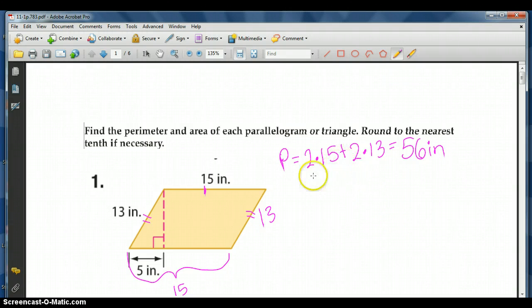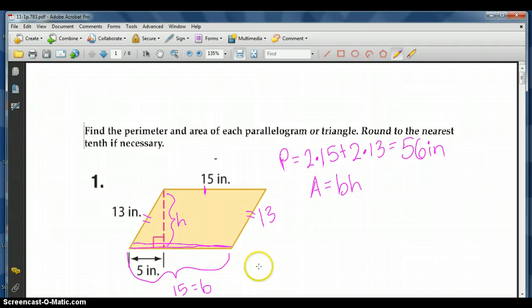To find the area, first we need to know what the height is, because we're going to take the base times the height. So our base, we know, is 15. Our height is the segment that is perpendicular to the base. So this length right here would be our height.